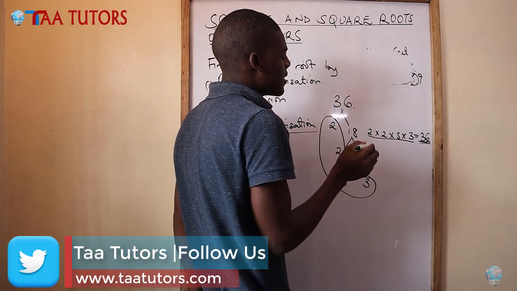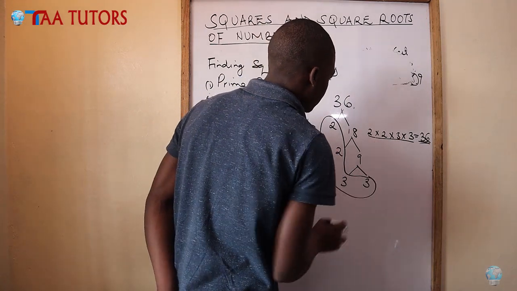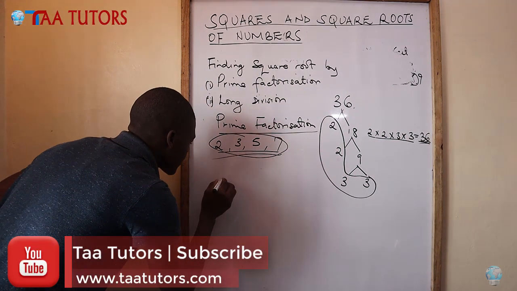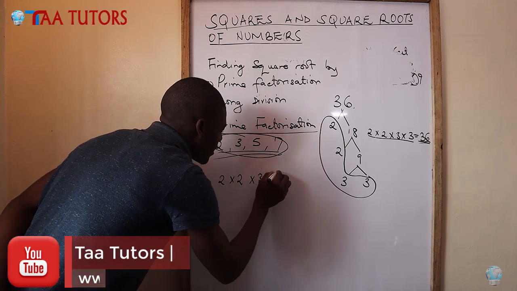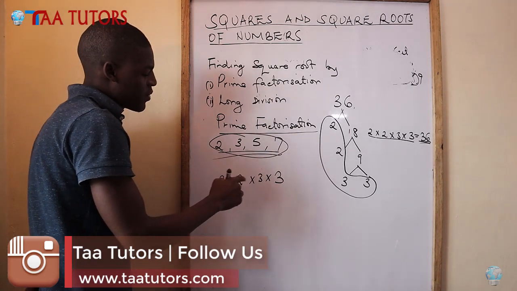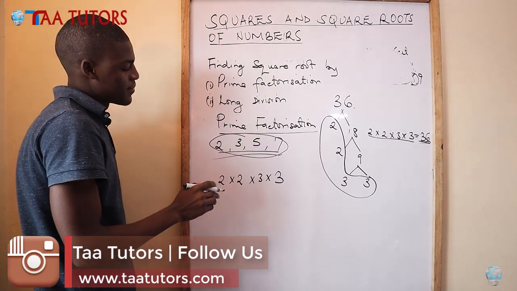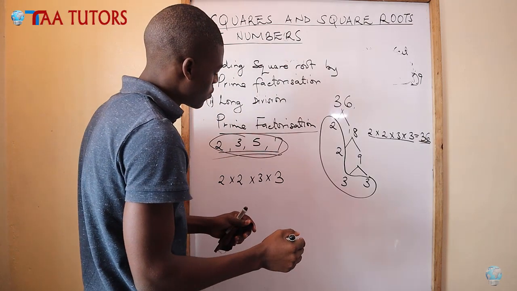For us to find the square root of 36 using prime factorization, we will take the factors 2 by 2 by 3 by 3 and pair. From these factors, we are going to pair those which are alike. Pairing means we are grouping them into twos.